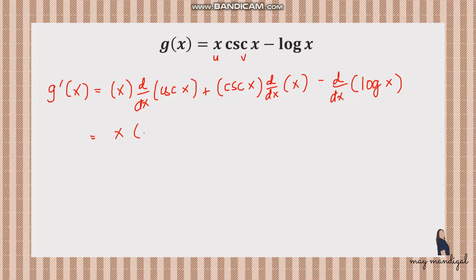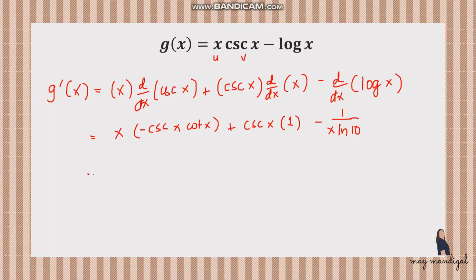The derivative of cosecant is negative cosecant x cotangent x plus, then we have the cosecant of x, then the derivative of x is 1, minus, for this one, the logarithm of x, we will be using the rule for the logarithms, which is 1 over x ln of a, where a is the base. But since this one has the base of 10, we'll use 10 here as well.